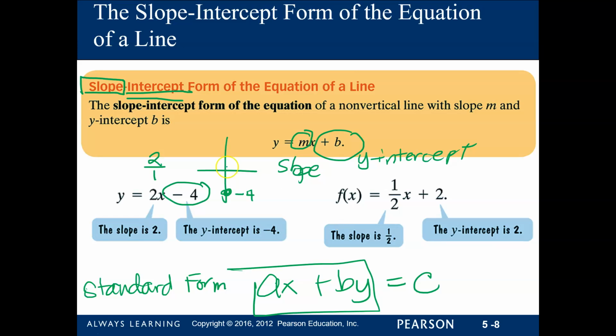Similarly here, you have f of x is equal to 1 over 2 x plus 2, meaning your slope is 1 over 2, which means you go 1 up and then 2 to the right. And then the first point of your graph will be at +2 on your y-axis.